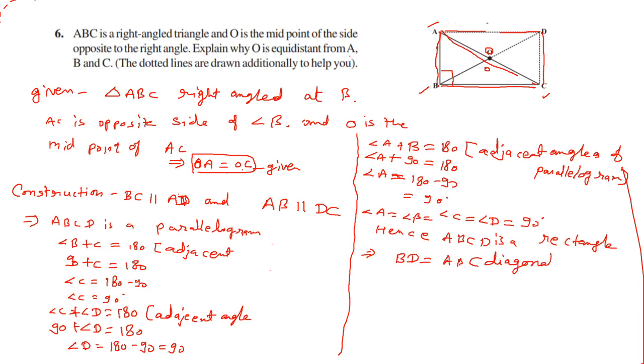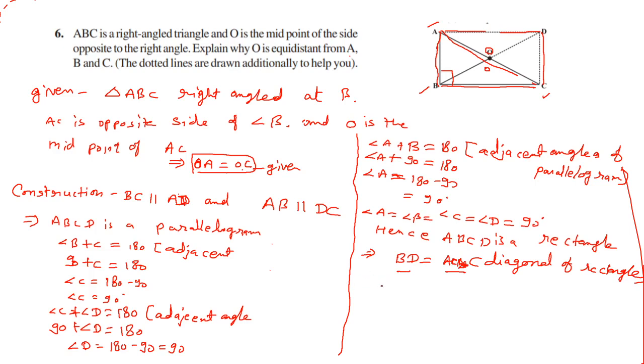BD and AC are the diagonals of the rectangle.